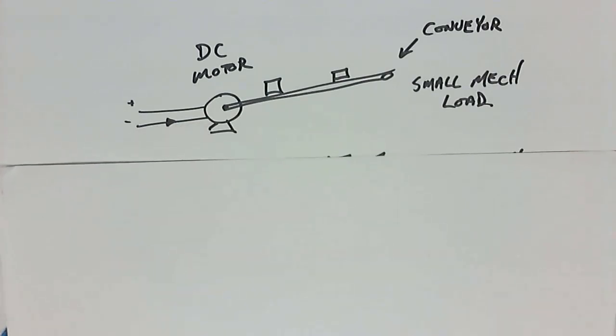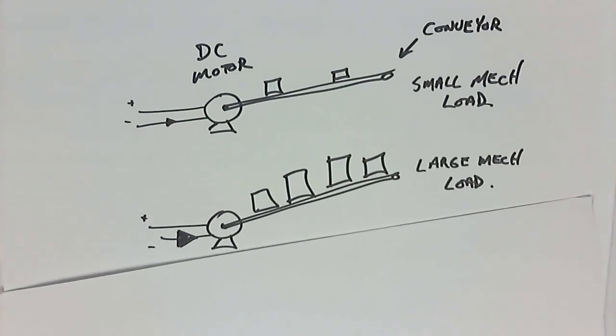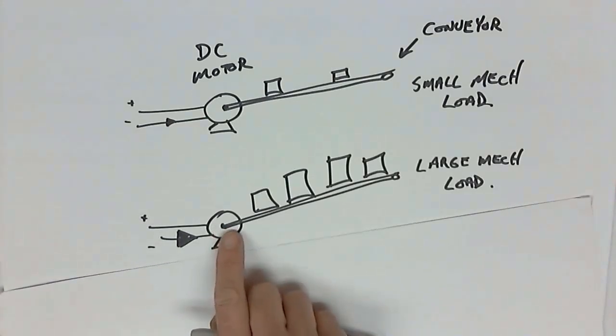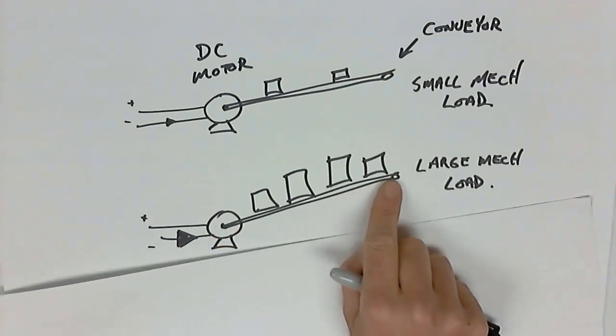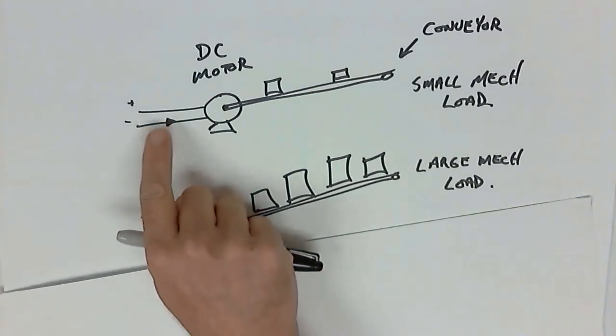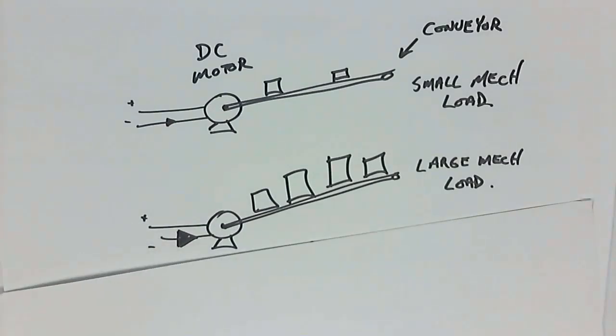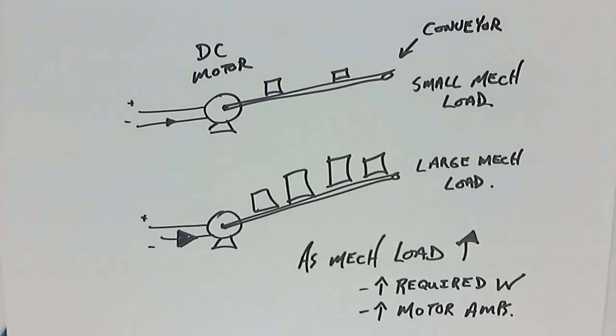When we start to increase the mechanical load on our motor, we see that as the mechanical power requirement increases, the electrical power increases. And so if the voltage of the system remains the same or consistent or unchanging, that would then mean that the current value would have to increase.